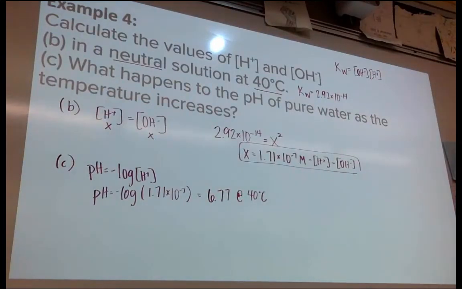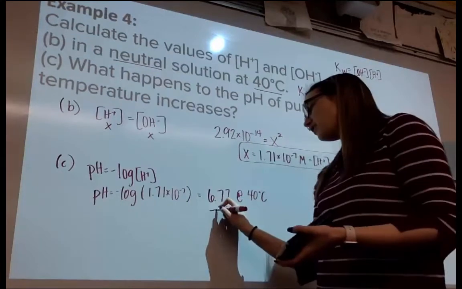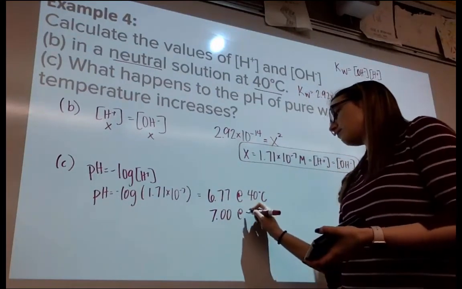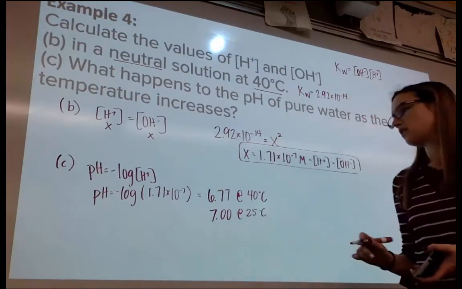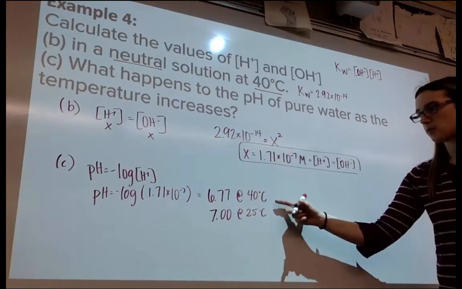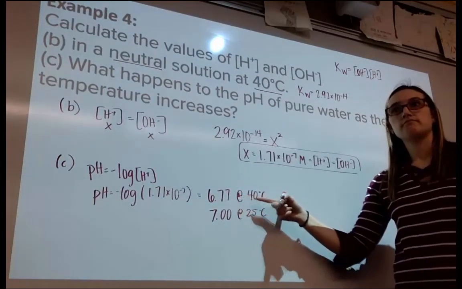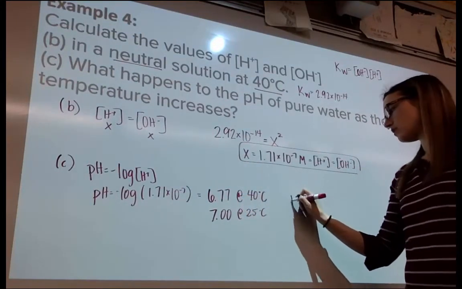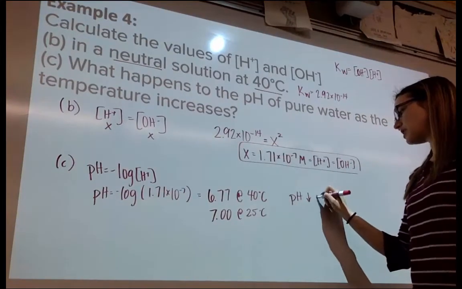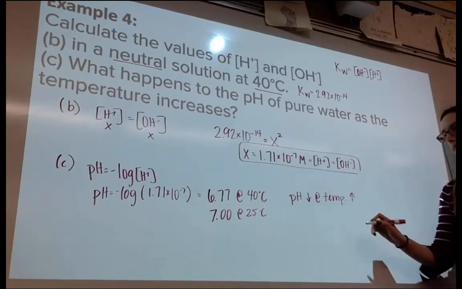The pH of a neutral solution at 25 degrees, that's what we're used to hearing, the pH at 25 degrees is 7. So as we're increasing temperature, we go from 25 to 40, what's happening to the value of pH? It's going down. So pH decreases as temperature increases.